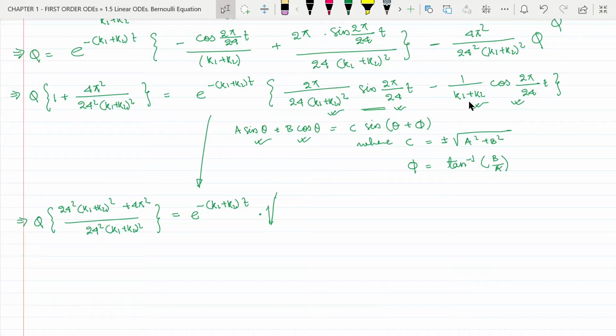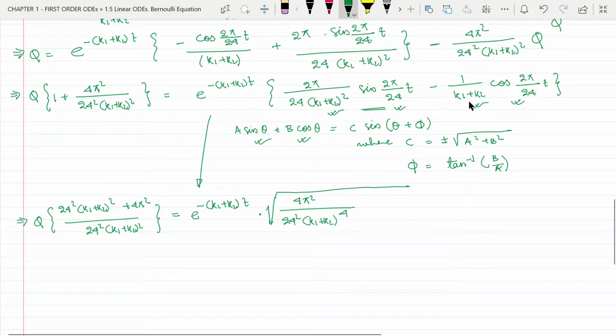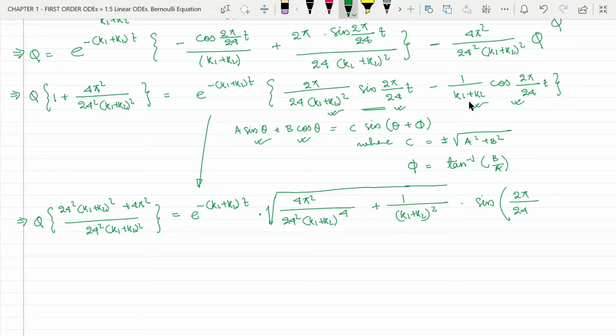So we have square root of 4 pi square divided by 24 square (k1 plus k2) to the power 4 plus 1 by (k1 plus k2) square, multiplied by sine of theta, which is 2 pi by 24 t, plus phi, which is tan inverse b by a.